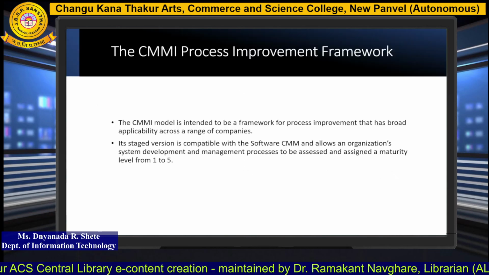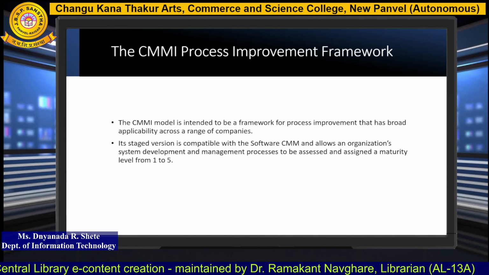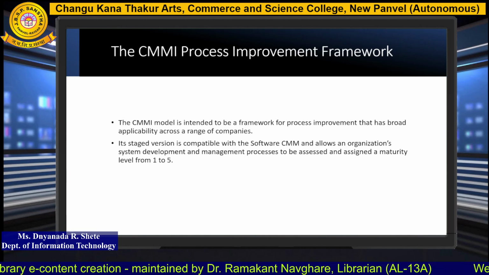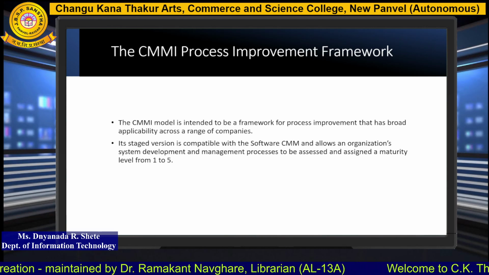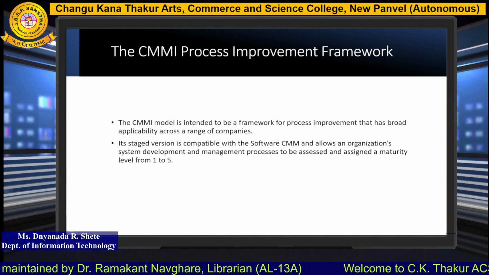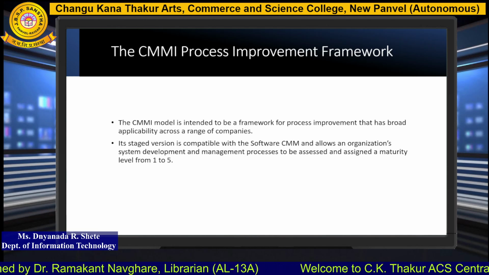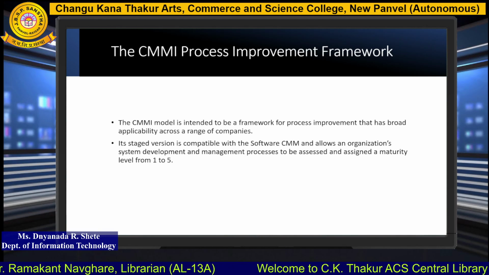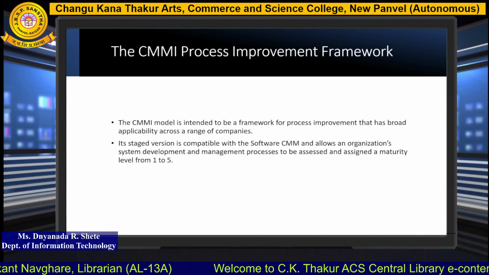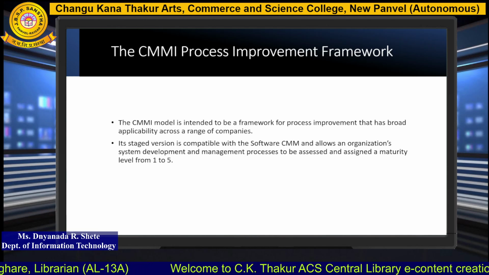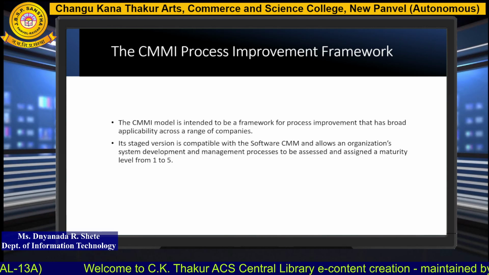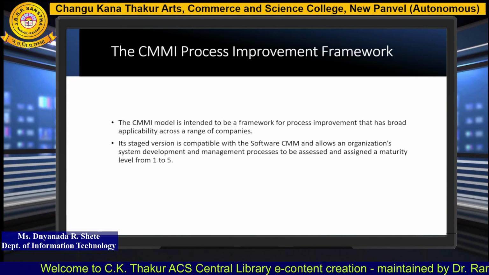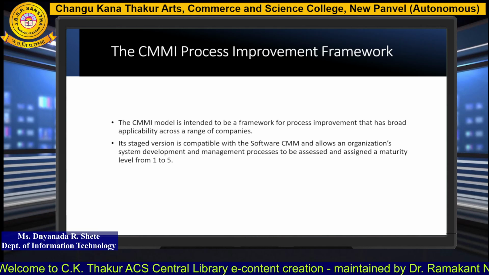Next important part is the CMMI process improvement framework. The CMMI model is intended as a framework for process improvement that has broad applicability across a range of companies. It has a staged version, compatible with the software CMMI, and allows the organization's system development and management processes to be assessed and assigned a maturity level from 1 to 5.